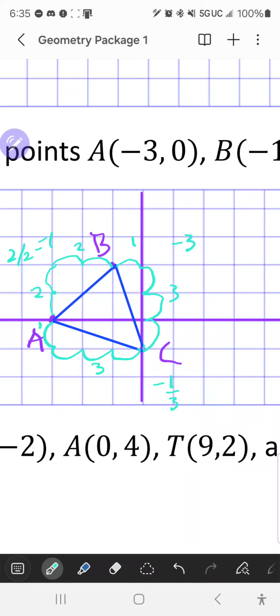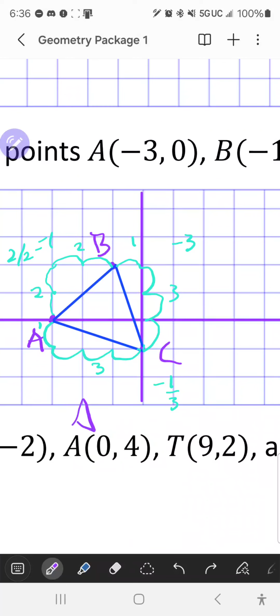Now, the difference between acute and obtuse: I explained this some videos ago, but in an acute triangle, the angles are all less than 90 degrees, so it will look something like this.